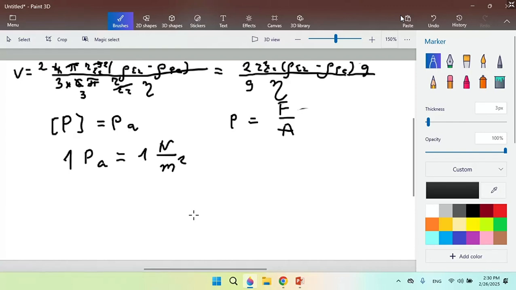Archimedes force is the upward force which is equal to the weight of the fluid displaced. When being submerged, some fluid is displaced by the object, and the weight of that displaced fluid determines the Archimedes force.